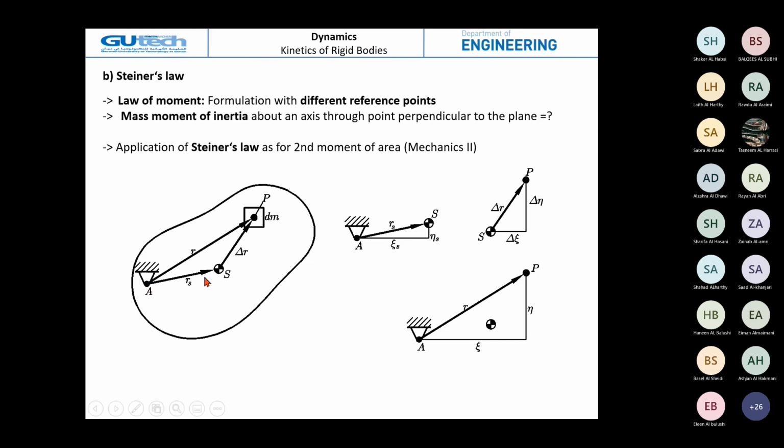We have here the distance between P and E, represented by the vector R, and the distance between E and the center of mass, which we note by RS, and from the center of mass to P by delta R. That means R is only RS plus delta R. Now we decompose delta R into two components: in the X direction, we note it by delta Xi, and in the Y direction by delta neta.